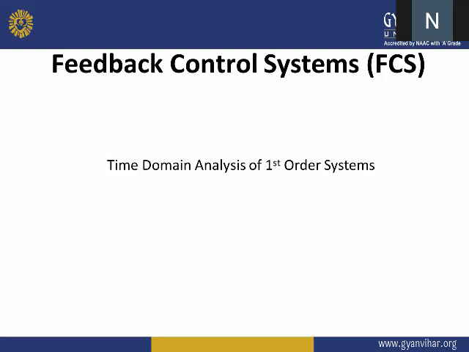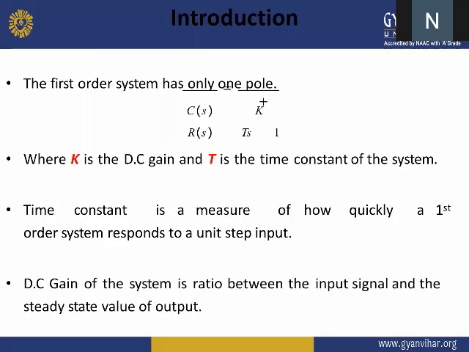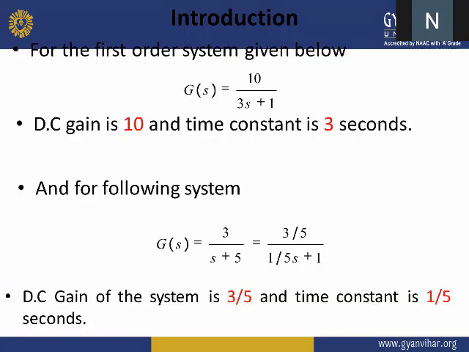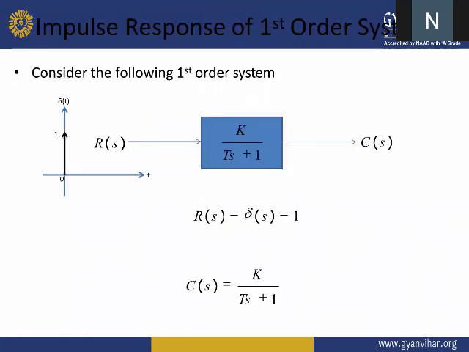Last lecture, we saw the basics of the first order system. What are first order systems, and how they are decided. Then we discussed the responses of a first order system for various types of inputs.